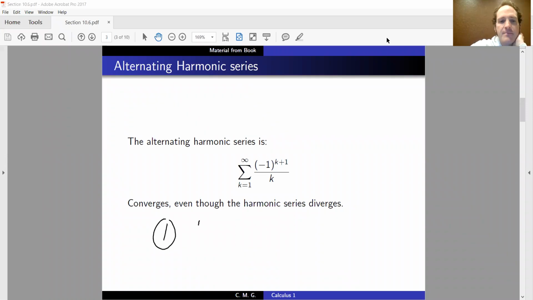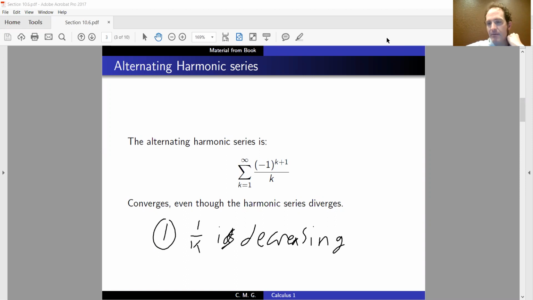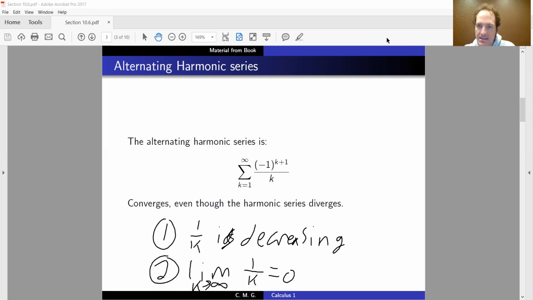First off, 1 over k is always decreasing. For k going from 1 to 2 to 3 to 4 to 5 to 6, every successive term is smaller than the previous term, so this is a decreasing sequence. Second, the limit of this sequence as k goes to infinity is actually 0.